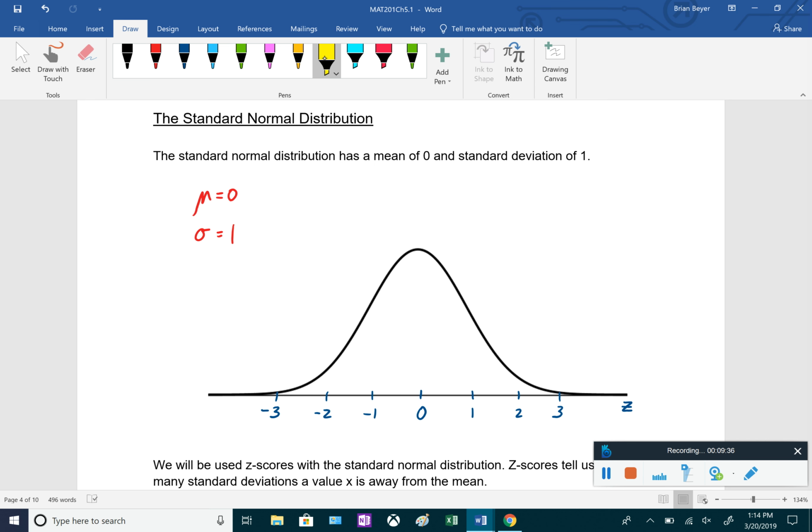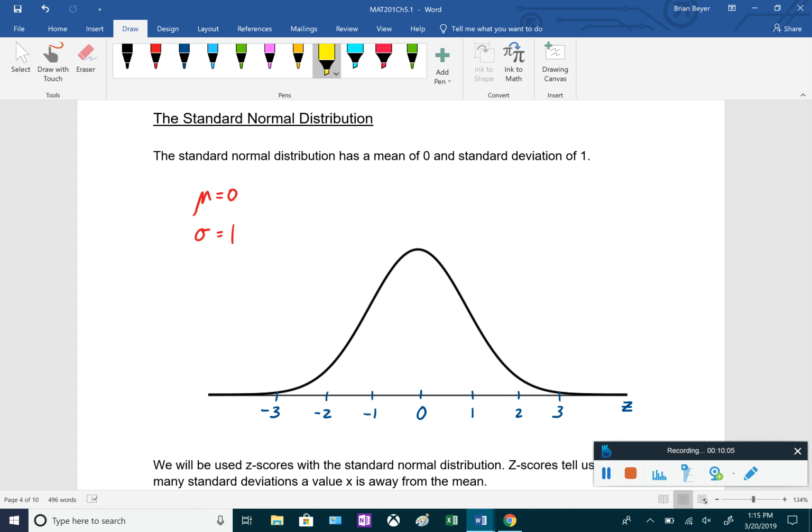And then we're adding a standard deviation to the right. We're adding another one and adding another one. So it goes 1, 2, 3. Adding 1, adding 1, adding 1. The reason why we can keep on going, right? We can say 4 standard deviations to the right, 5 to the right. But if you remember the empirical rule, 99.7% of the data falls within 3 standard deviations from the mean.